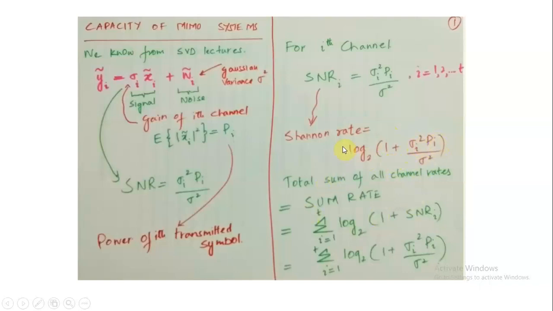As we have multiple t parallel channels, the total sum of all the channel rates gives the maximum rate that can be transferred by the MIMO system. So the sum rate is the sum of log base 2 of 1 plus SNR_i for all channels ranging from 1 to t.